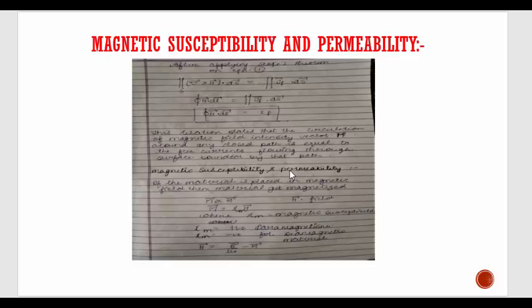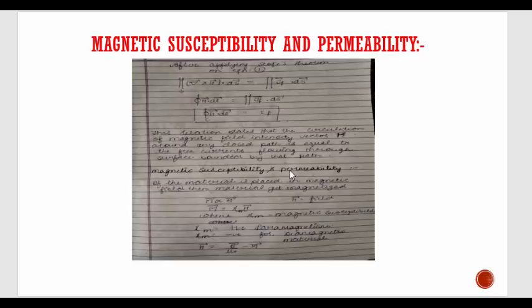Now the next topic is magnetic susceptibility and permeability. Susceptibility is simply a term which shows how much our material gets magnetized when we apply a magnetic field, or when we place our material inside the magnetic field. For the expression of the magnetic susceptibility and the permeability, we have some relations.